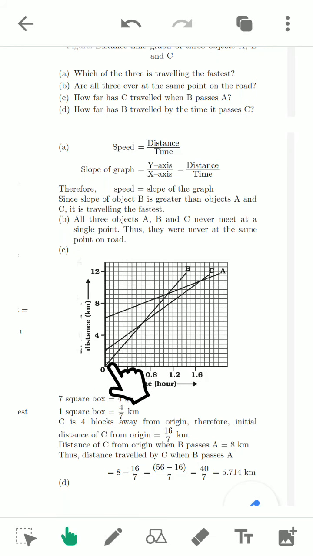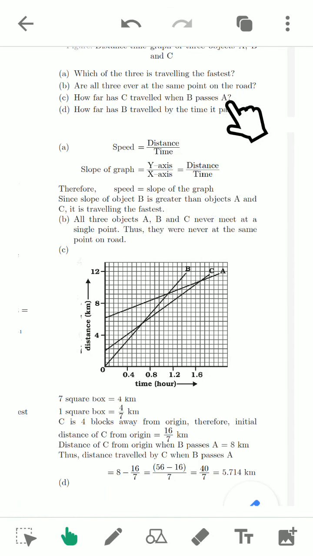So for graph B, it is starting from the origin. See this one, its slope, its inclination, is more as compared to C and A. Speed is equal to the slope of the graph. Here the slope of B is greater than objects A and C. It is traveling the fastest.